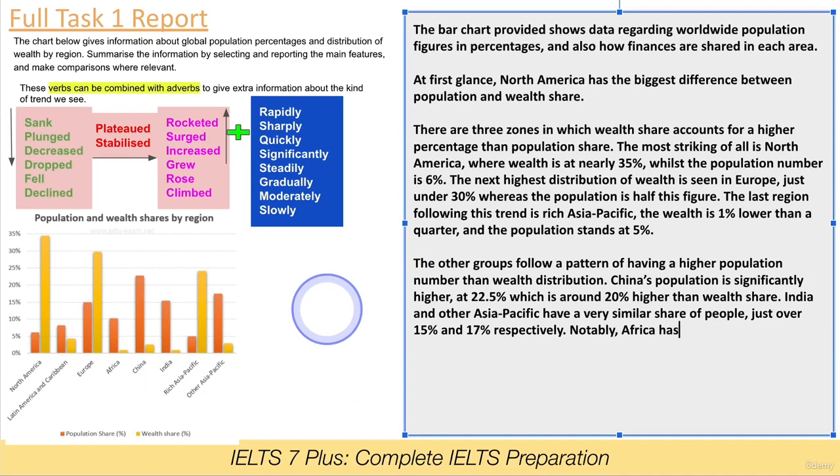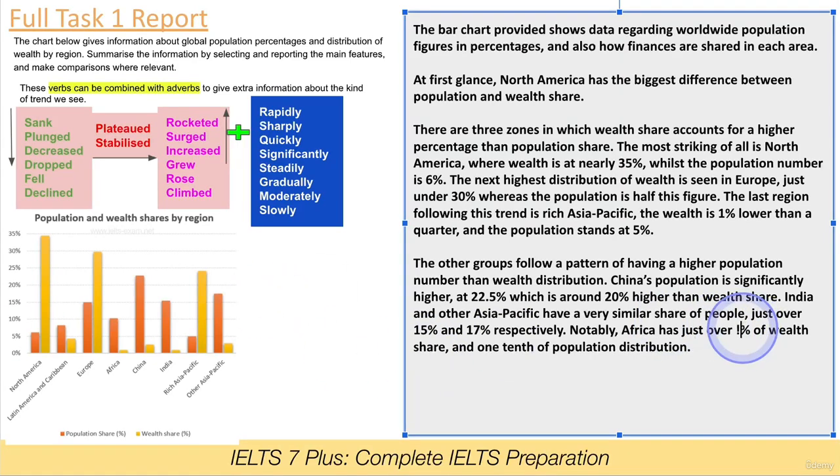Notably, Africa has just over 1% of wealth share and 1/10 of population distribution, so 10%.